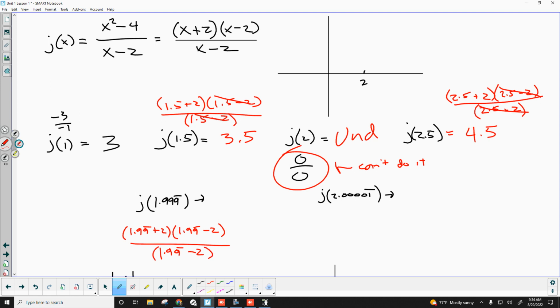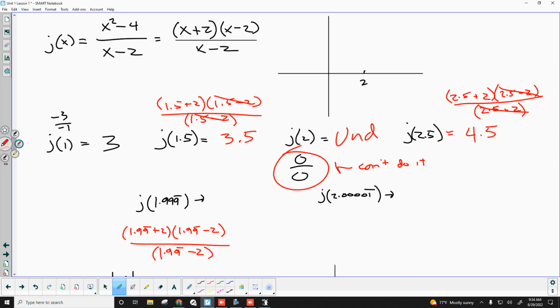Now, earlier, we discovered you can't plug in 2. Okay, because when you plug in 2, you get 0 on the dot in the denominator. You are never allowed to divide by 0.